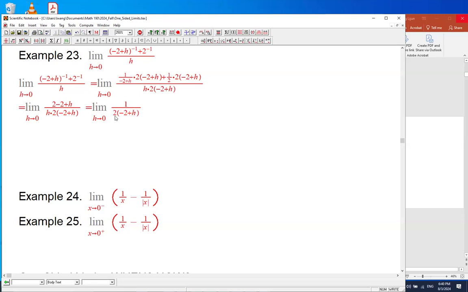Boom. So we can do direct substitution, replace h by 0. So it equals negative one quarter. Finished.